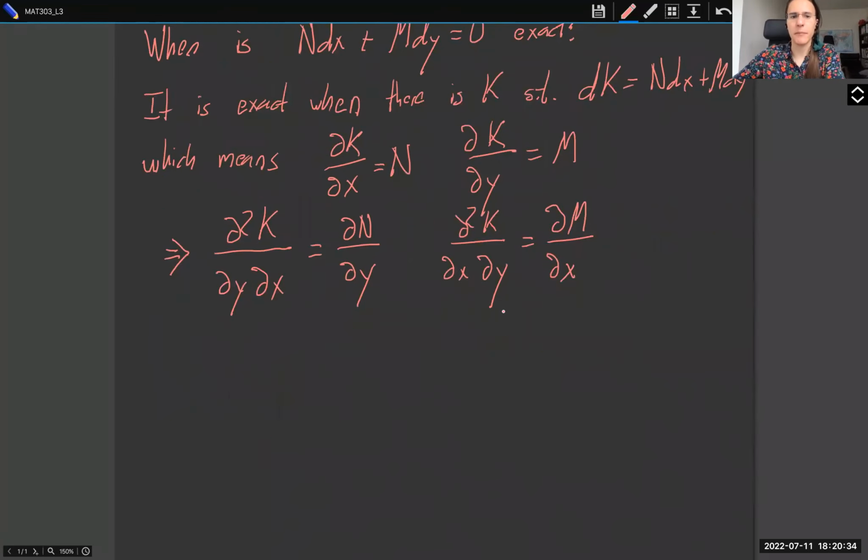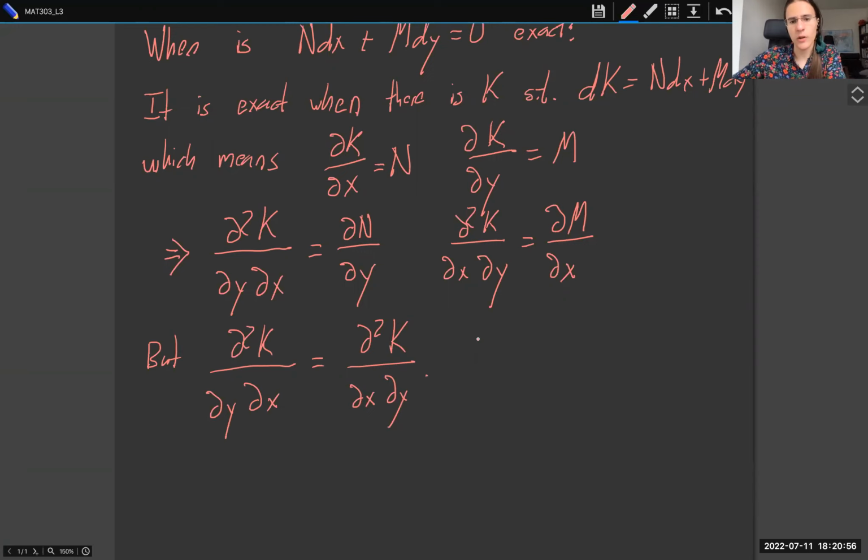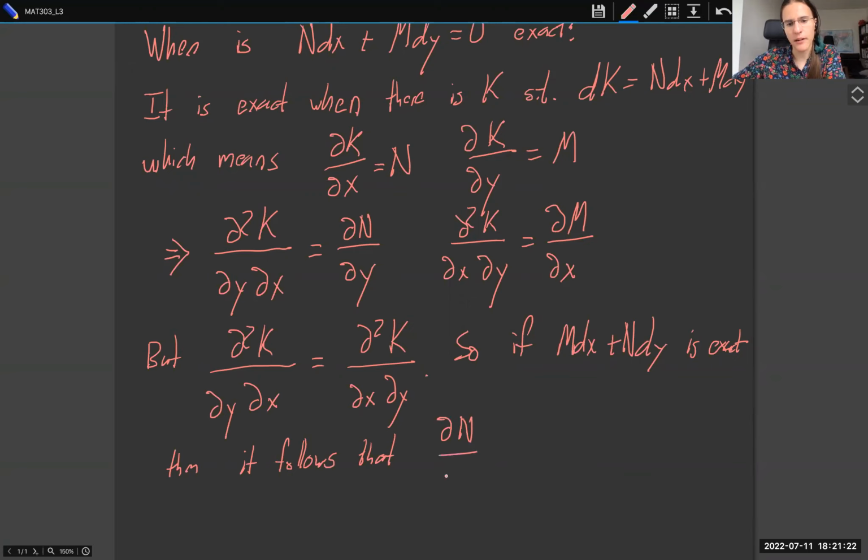But there's another theorem in multivariable calculus that says that partial derivatives commute. So it's going to be generally true, assuming some basic niceness conditions, which we're going to have, that if m dx plus n dy is exact, then it follows that the partial derivative of n with respect to y is equal to the partial derivative of m with respect to x.